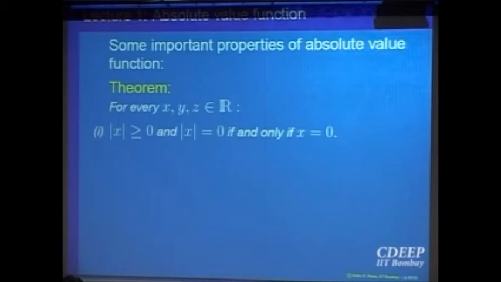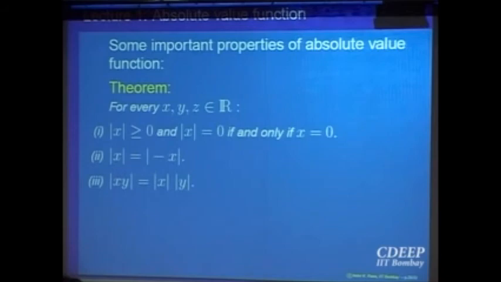Obviously if and only if x is equal to 0, because if x is bigger than 0, then it is equal to x which is not equal to 0, and if x is less than 0, it is minus x which is bigger than 0. So if and only if. The second property, of course, is that absolute value of x is the same as absolute value of minus x, that we have seen by definition. Then how does this function behave with respect to product?